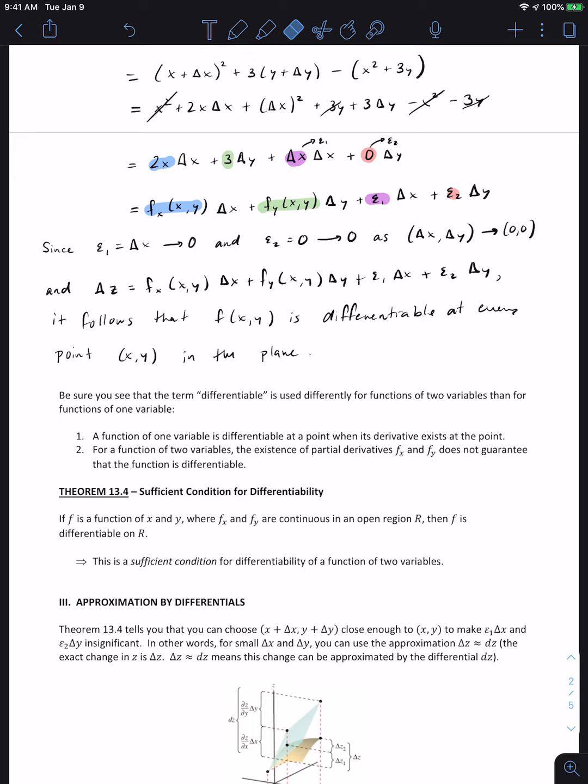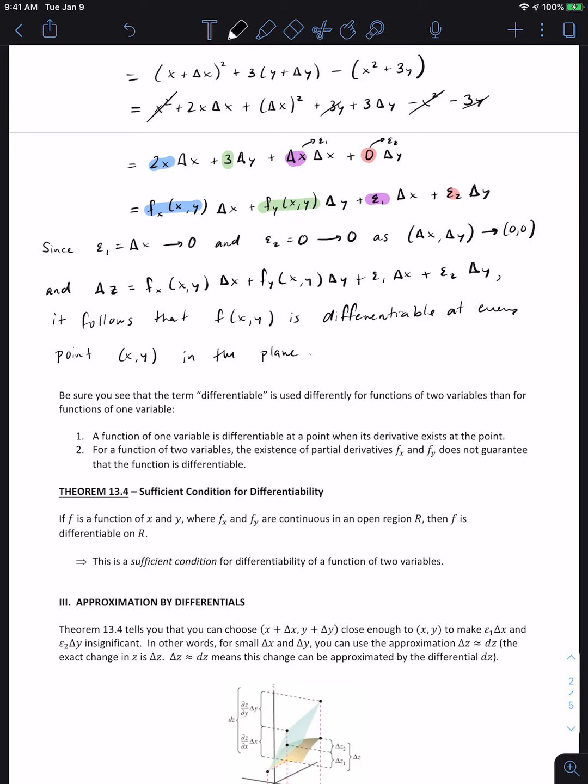In other words, just because your partial derivatives exist, because that's how we take the derivatives of functions of 2 variables, we only can do it with partial derivatives, does not necessarily mean that it's differentiable.